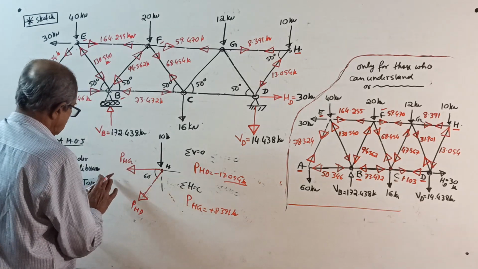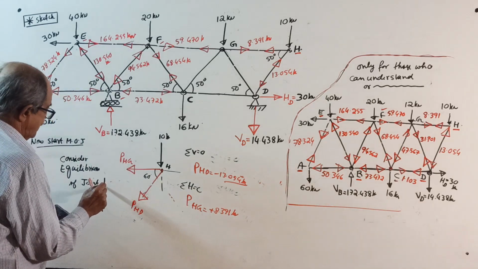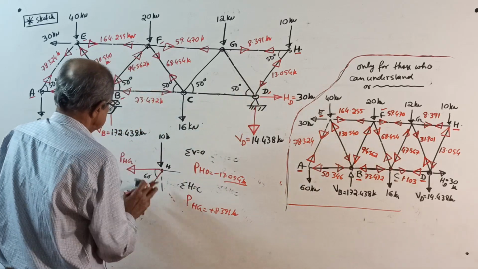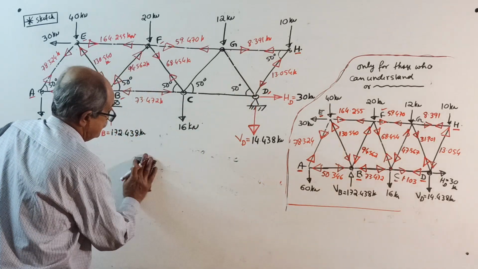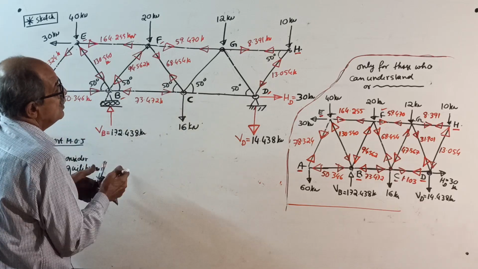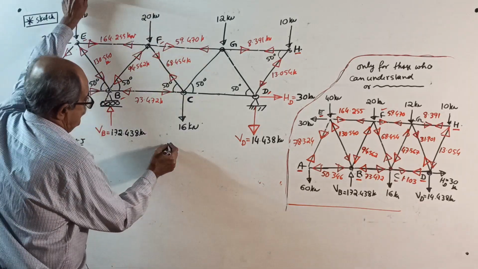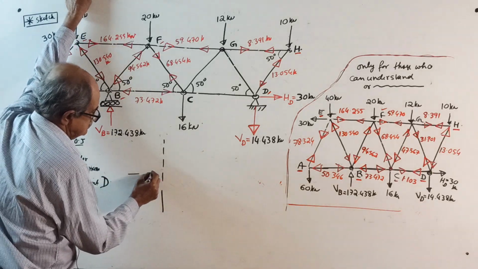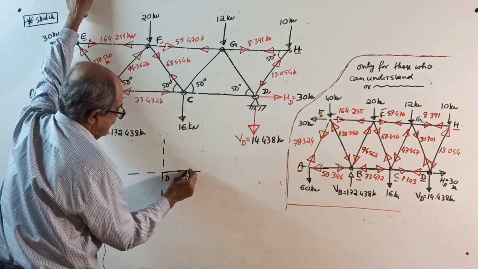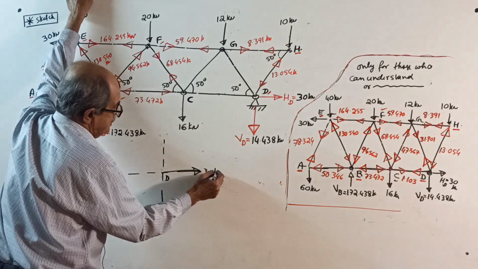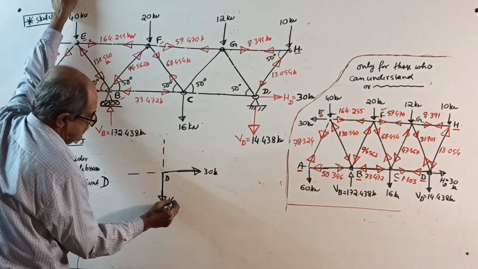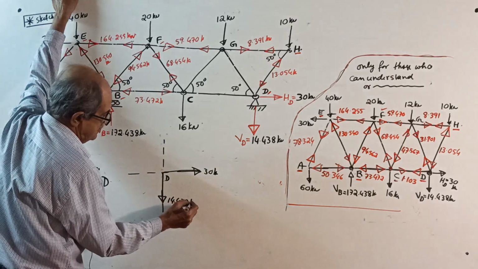Now I will come to the equilibrium of joint D. Going to D. Sketch the joint D. Here one right side reaction of 30 kilonewton, one downward reaction of 14.438 kilonewton.